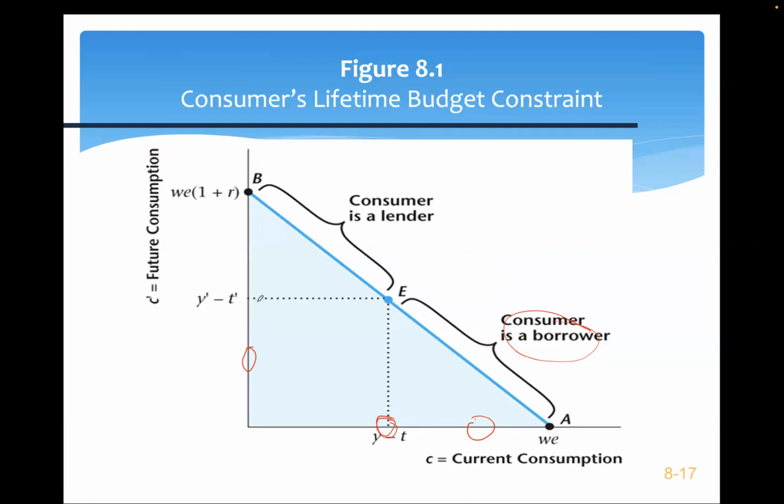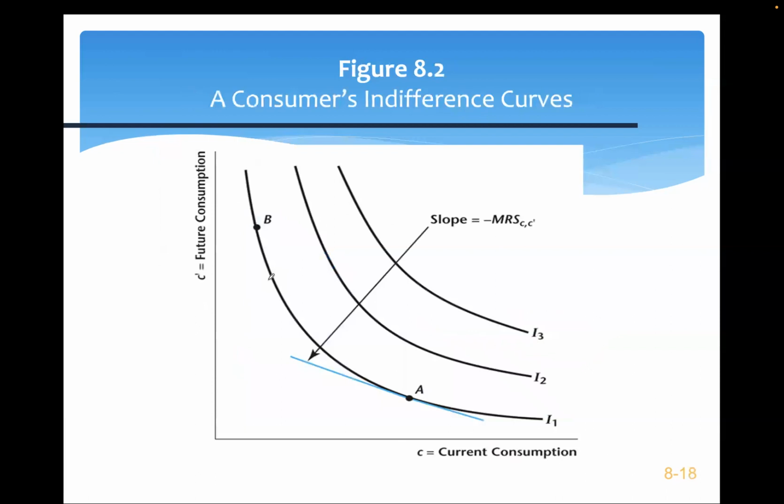You borrow from your future, essentially, because in the future you must pay. Hence in the future you are able to consume less than you have, because you pay off your debt, right?